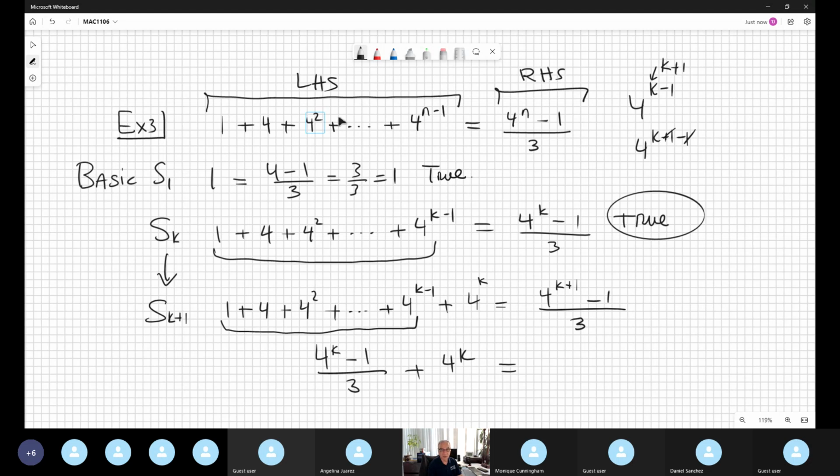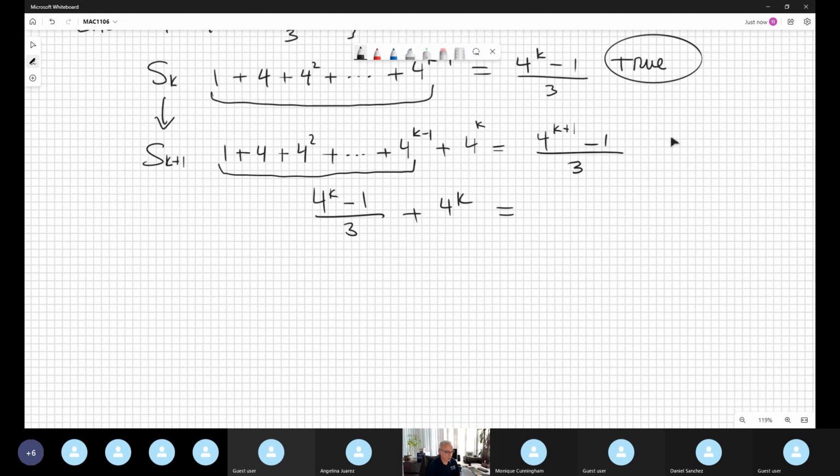I don't want to copy again because I want to spend time now manipulating this. Okay, you find the least common denominator, 3, and we have 4 to the k minus 1 plus 3 times 4 to the k. Now you see the 4 to the k is a common factor. You factor out 4 to the k, and you have 1 in between this and this.